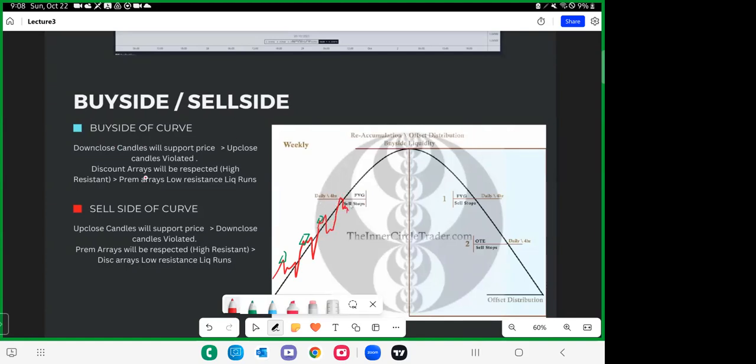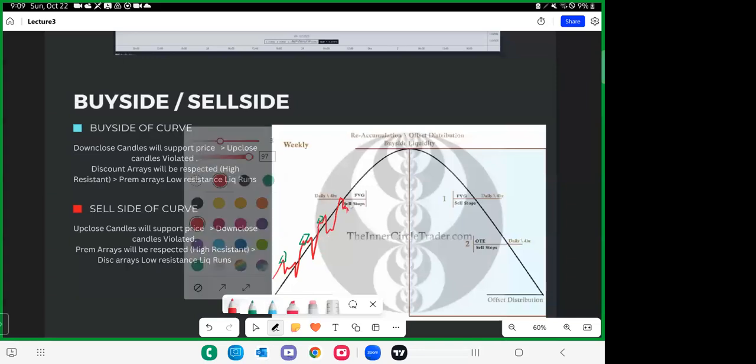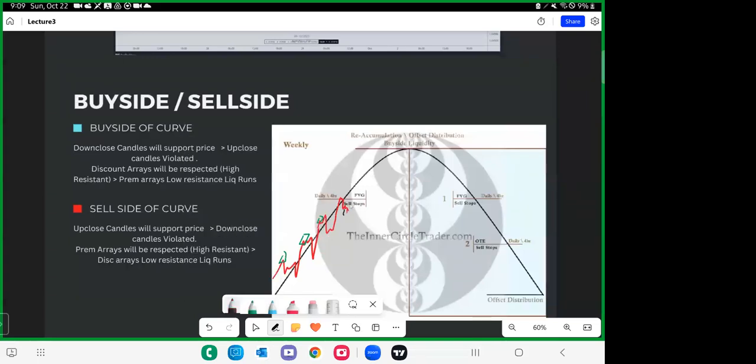The discount arrays are respected, right? The discount arrays, every time price is pushing back here, that's a high resistant liquidity run, all right? The stops here are for the most part protected because price is trying to reach higher. All right. So these are going to be high resistant liquidity runs.